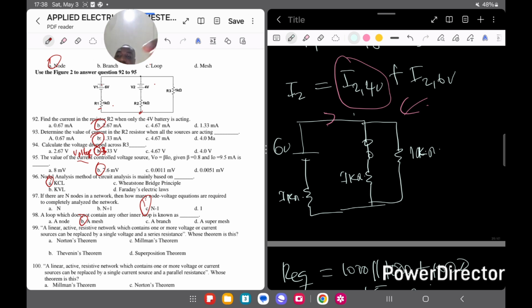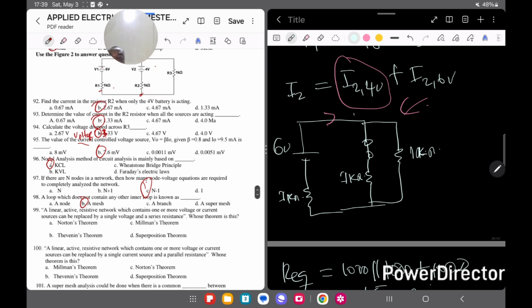If you have a linear active resistive network, meaning a circuit diagram, we are saying that you can replace that circuit diagram with just a voltage in series with a resistor. That is what we refer to as Thevenin's theorem. So the answer here is B, Thevenin's theorem.